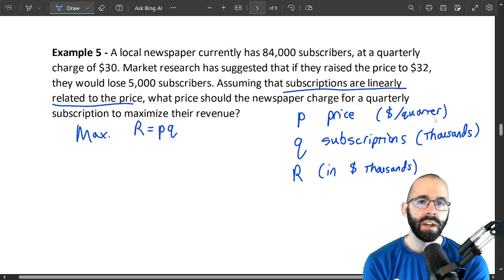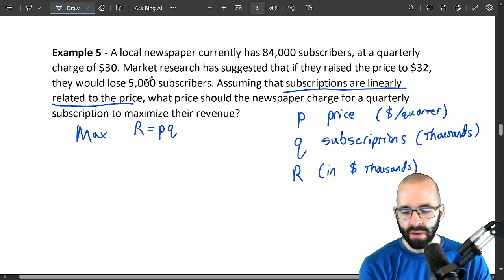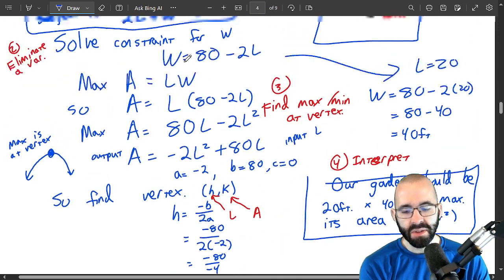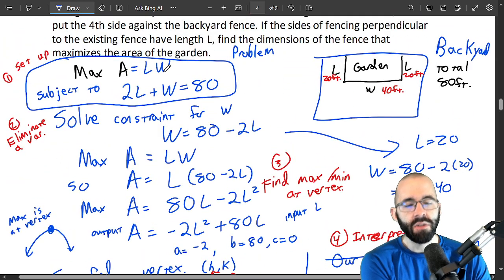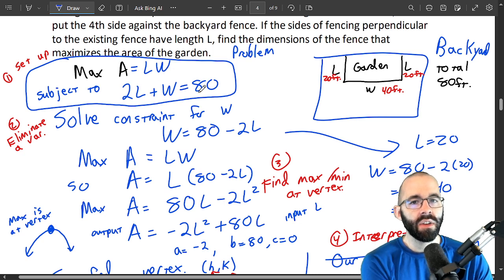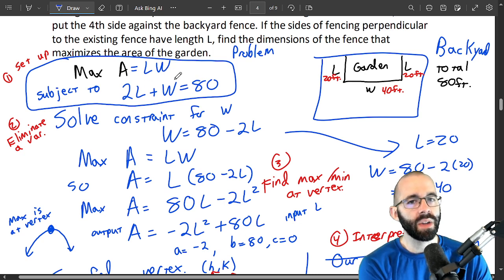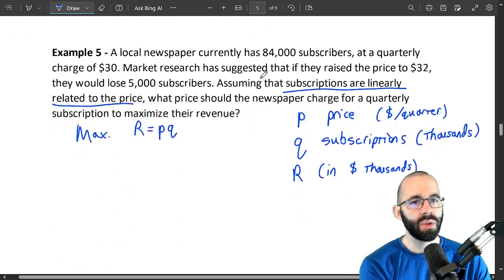Okay. And what do we know about the relationship between P and Q? Right? We're really following the same steps as before. We're maximizing some function with two variables. And then we say, what's the relationship between those two variables? What is the relationship between P and Q?